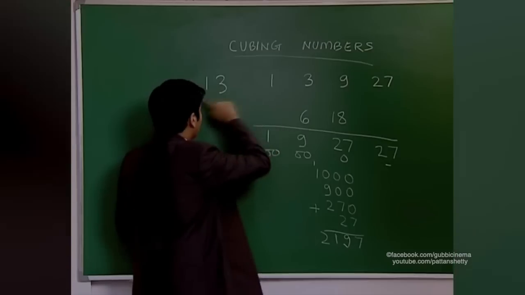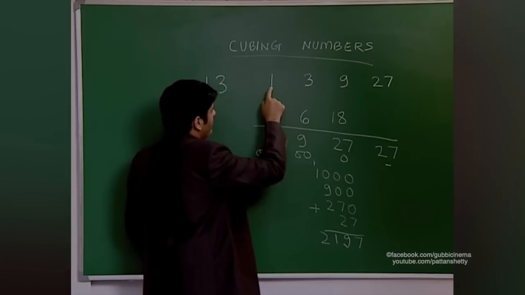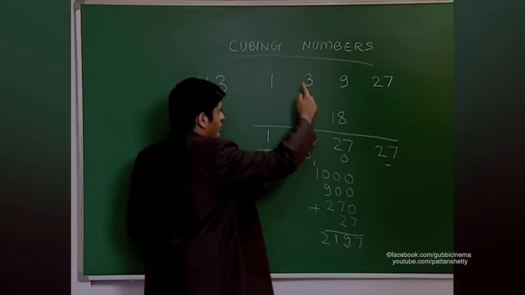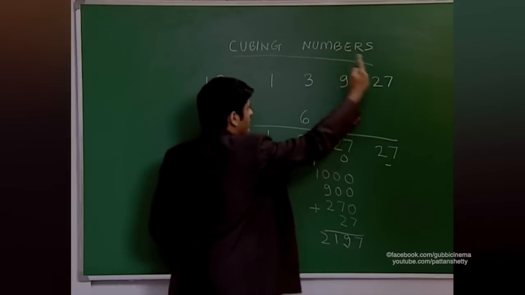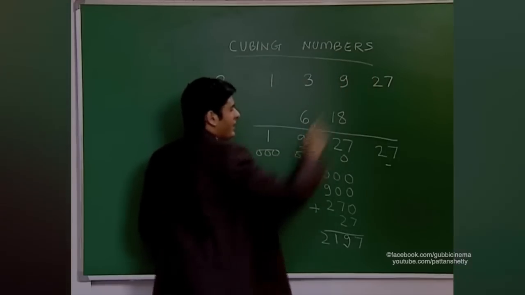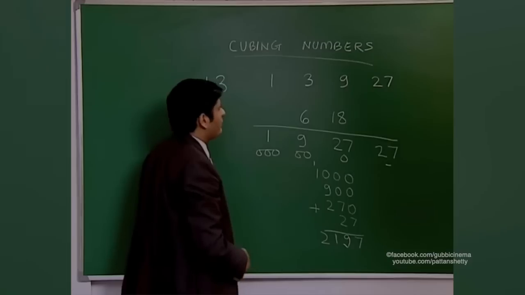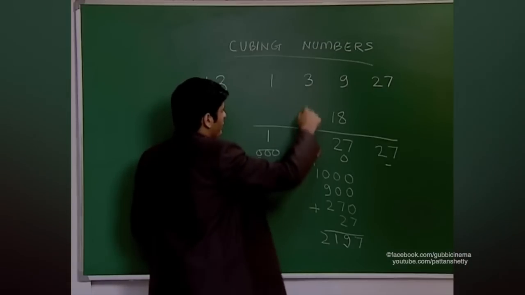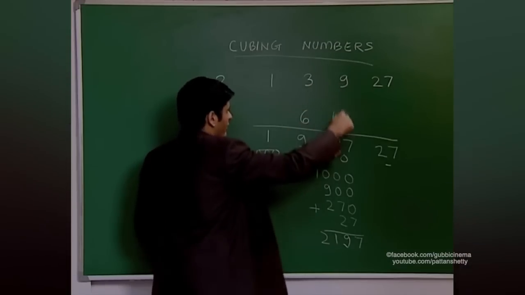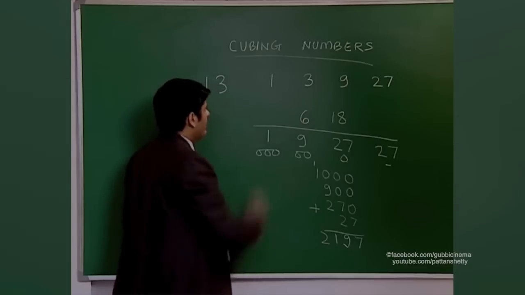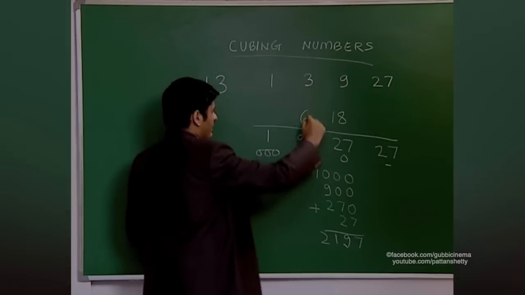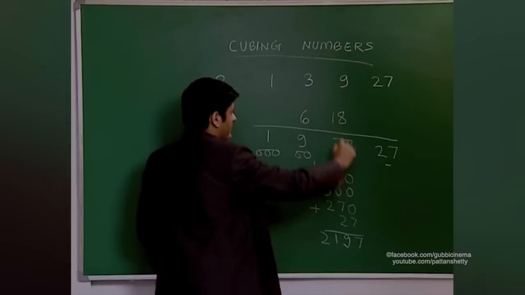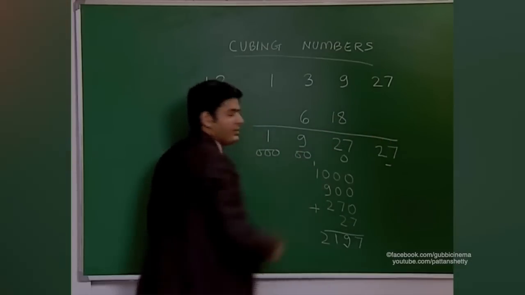I write the first number 1, multiplied by the ratio 3, I get 3. 3 times 3 is 9. 9 times 3 is 27. Write 4 terms. Then we do the double of the middle digits. Double of 3, 6. Double of 9, 18. Then I add up. 1 comes here as 1. 3 plus 6 is 9. 18 plus 9 is 27. 27 comes down as it is.